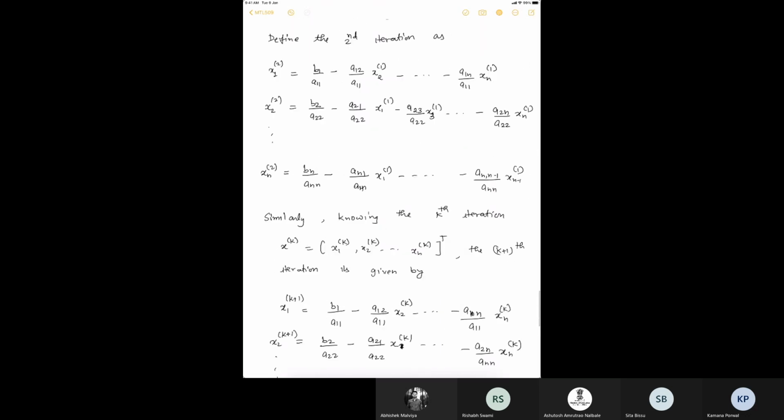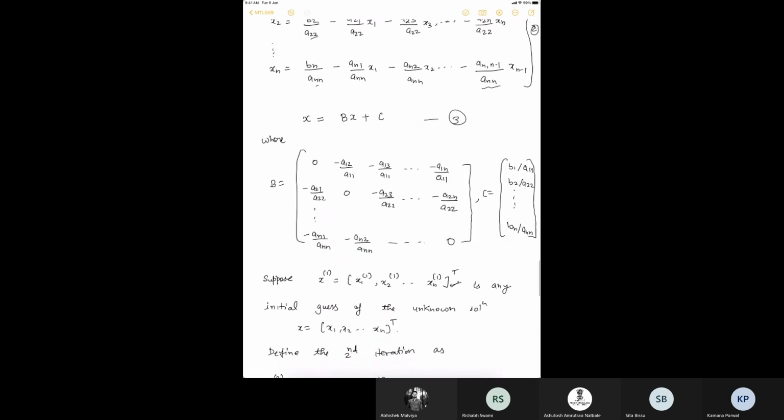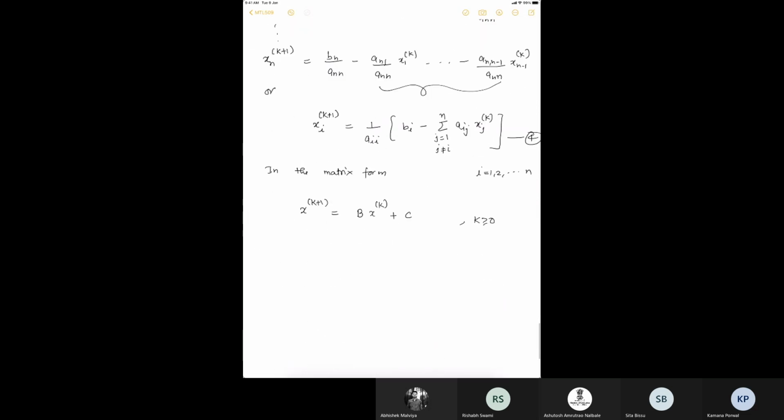So B is the same matrix which is defined here. So let me just call this a star. So where B and C are defined in star.